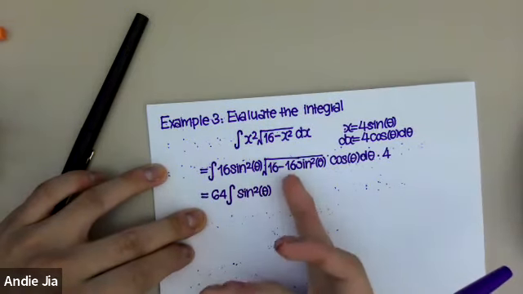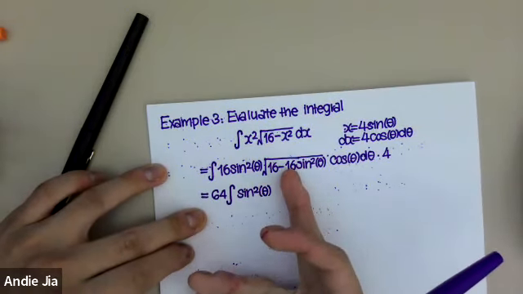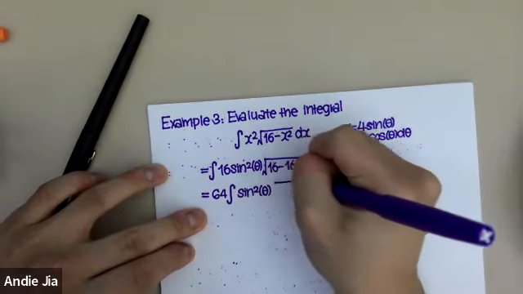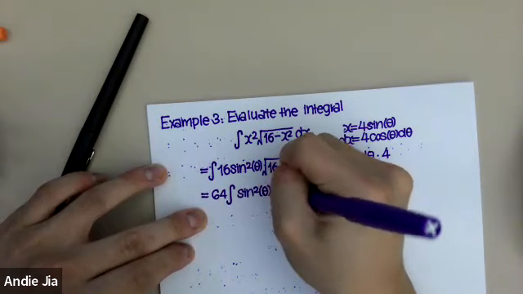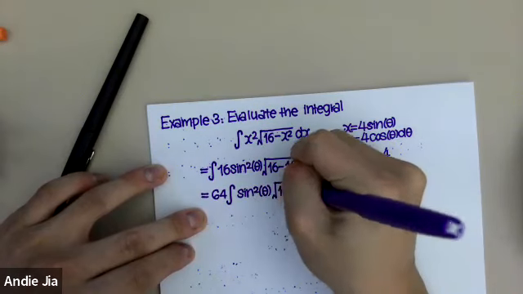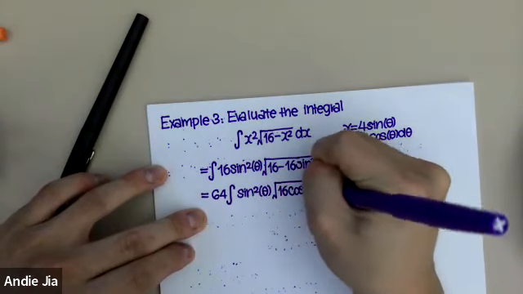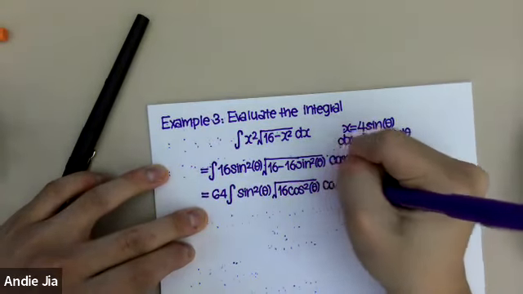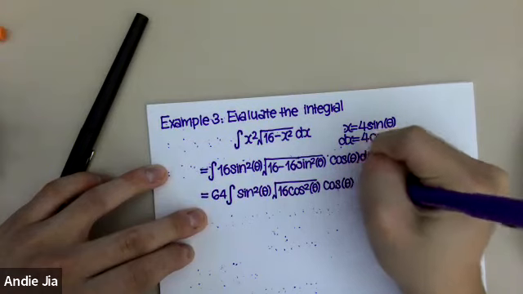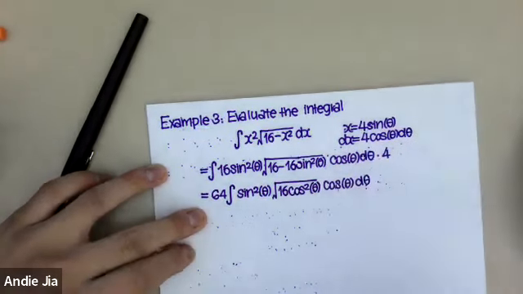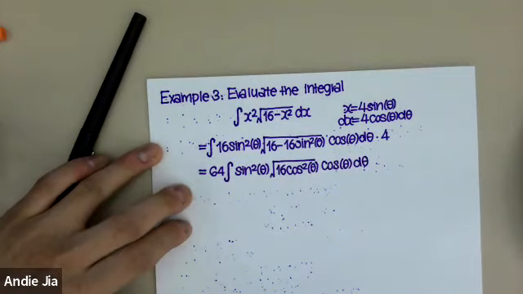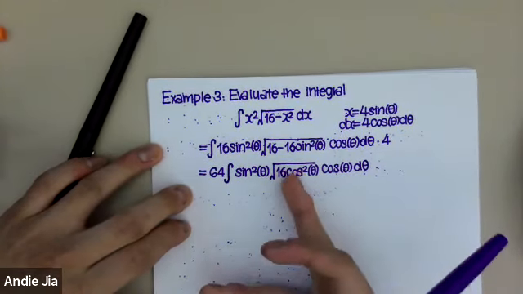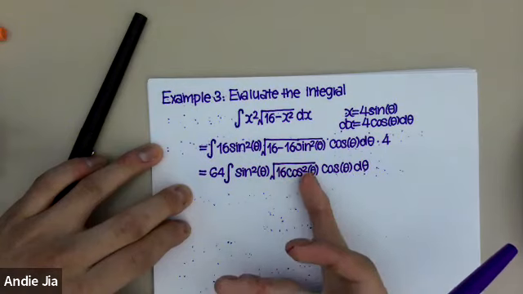So it's going to be 16 sine squared, 16 cosine squared of theta, then there's cosine of theta d theta, and then it's going to be 4 cosine squared.